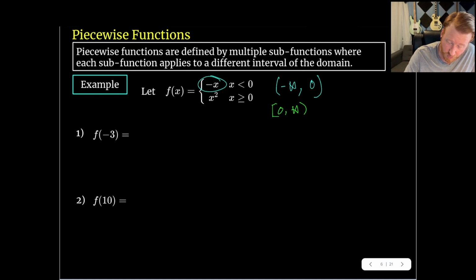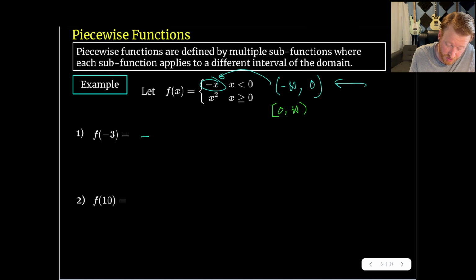Hopefully to make that a little bit clearer with an example here, we've got f of negative 3. Depending on the portion of the domain, we need to figure out which subfunction to plug it into. Negative 3 belongs to this portion of the domain, which means we will use this subfunction. This is saying, whatever the input is, just put another negative sign in front of it.